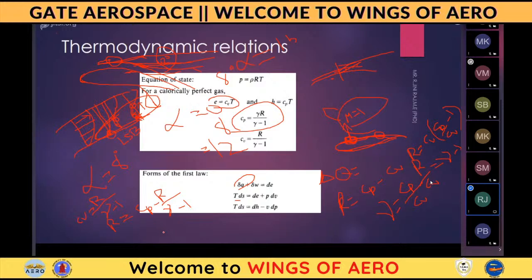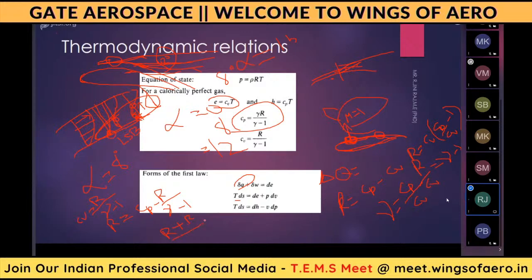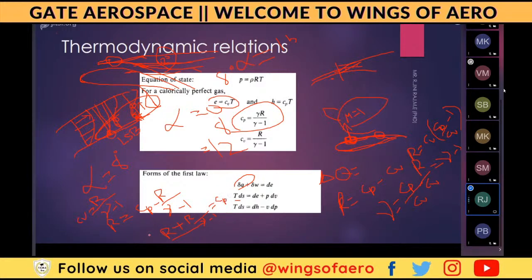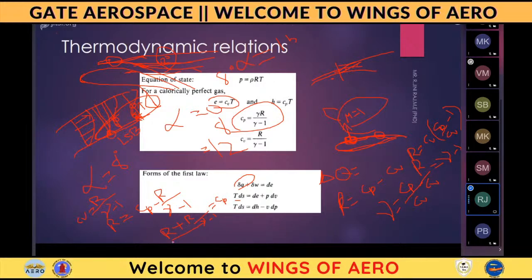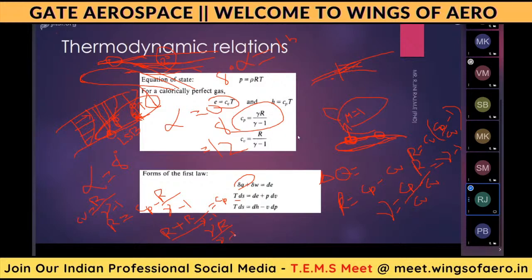So R plus R divided by gamma minus 1 equal to cp. By solving this, gamma R minus R plus R, so R gets cancelled. The remaining terms give gamma R divided by gamma minus 1. So cp equal to gamma R divided by gamma minus 1.